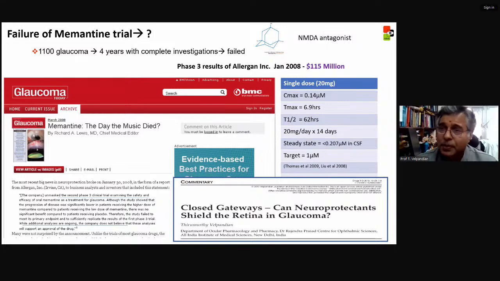The moment it was approved for Alzheimer's, companies quickly jumped in to go for phase 3 clinical trials, especially in glaucoma. After spending about $115 million, finally the Memantine trial was dead.